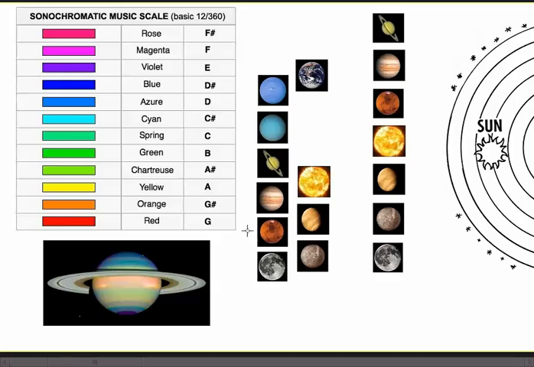We have Mars being red, Jupiter being orange/yellow, Saturn being yellow/green, Uranus being a light blue color, and Neptune being a dark blue color, going towards purple, indigo, which means they match these notes, these frequencies, which means it's an orderly arrangement that is meant. It's for a purpose. It is designed on purpose.